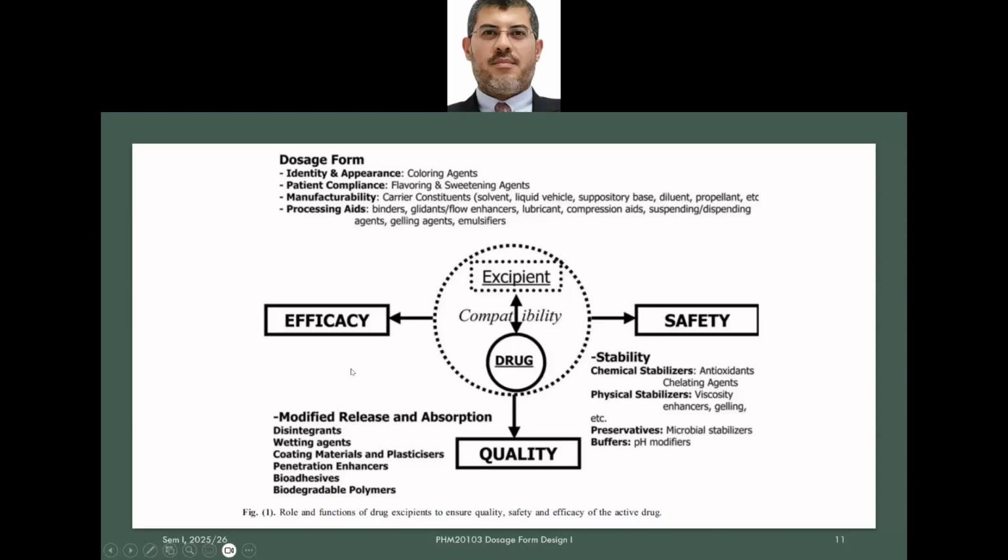Say for example lactose, I will find the lactose monograph in the USP, United States Pharmacopoeia. I should open it. I will find a list of tests that should be performed on this lactose and the expected or accepted results.